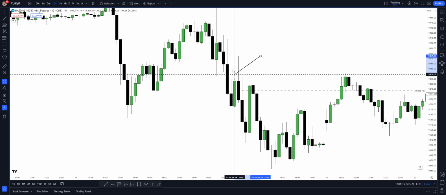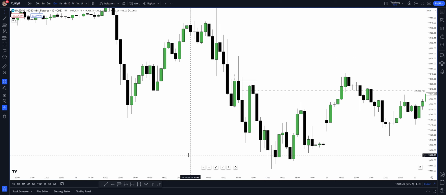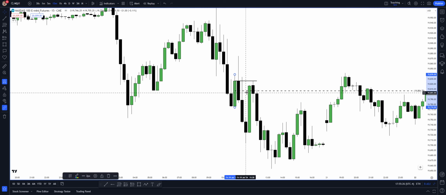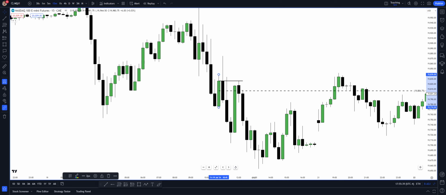So here in this case, it retraced deeper into the rejection block here. Now that's what I was saying. Sometimes mean thresholds will fail. But in those cases, the market usually has a rejection block, just like this example. Okay, but this is a rare occurrence, though. Just so you guys know, it doesn't happen all the time.